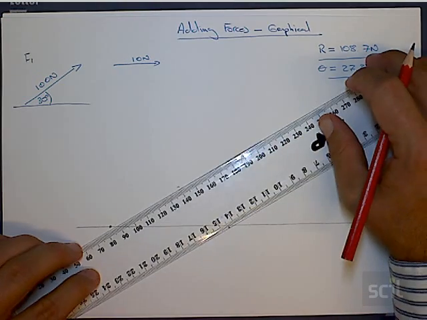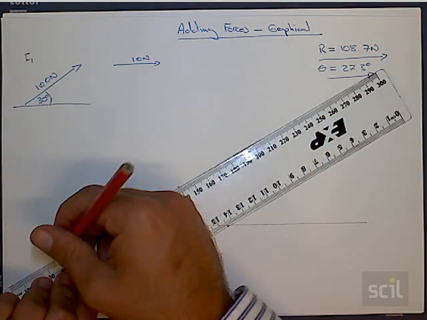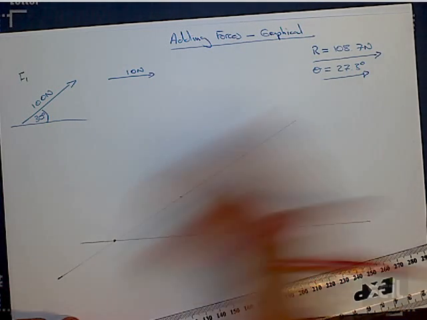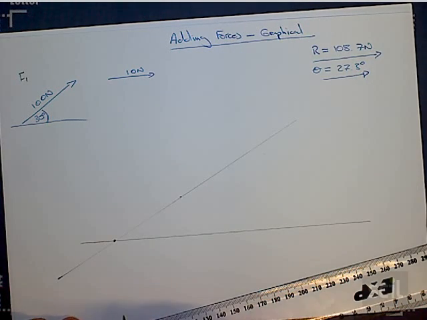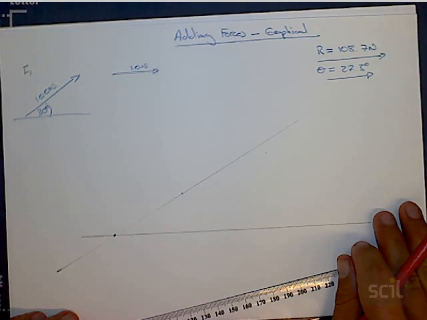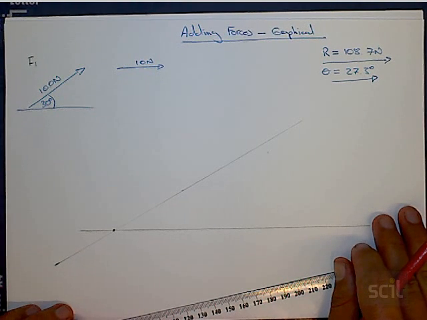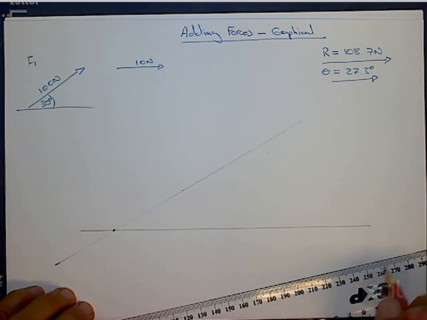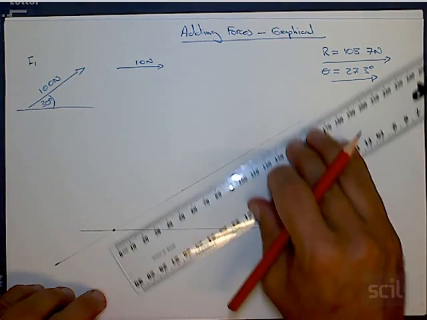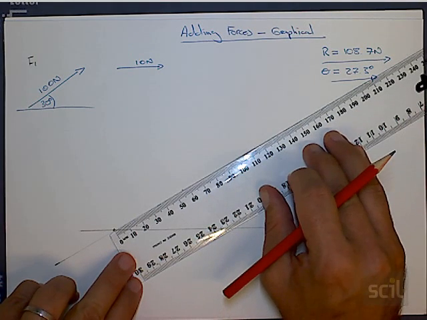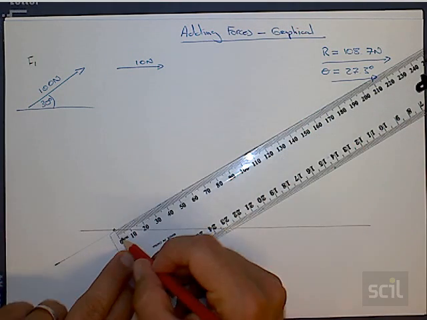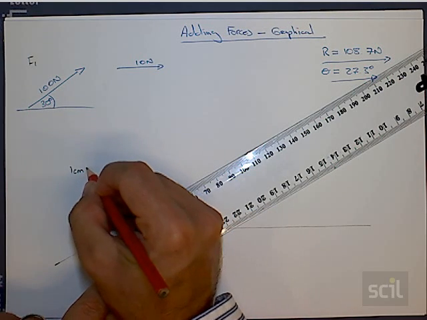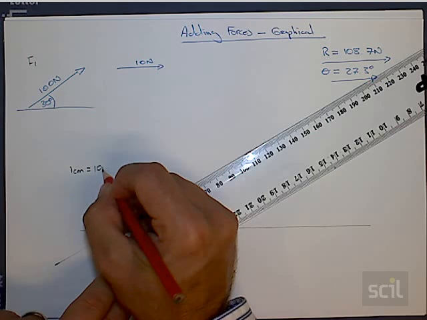What I'm going to do now is draw a line from my dot showing 30 degrees. Now notice I haven't decided how long my line is, I've just drawn a fairly long line. What I now need to do is draw 100 newtons at a certain scale. So for this drawing, I'm going to choose a scale of 1 centimeter equals 10 newtons.